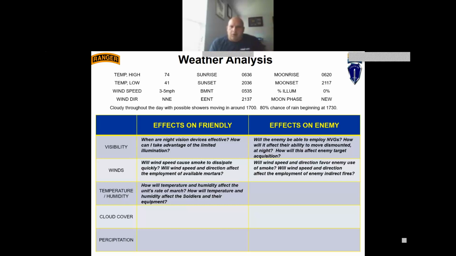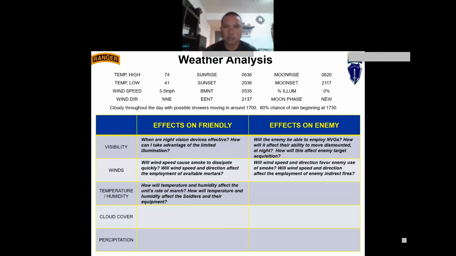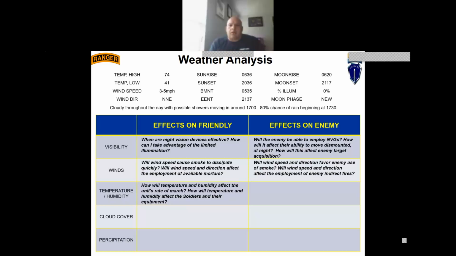The high temperature is 74, low temp 40, 80% chance of rain at nighttime. The sun sets at 2036, my bad. So how will these temperatures and humidity affect us?